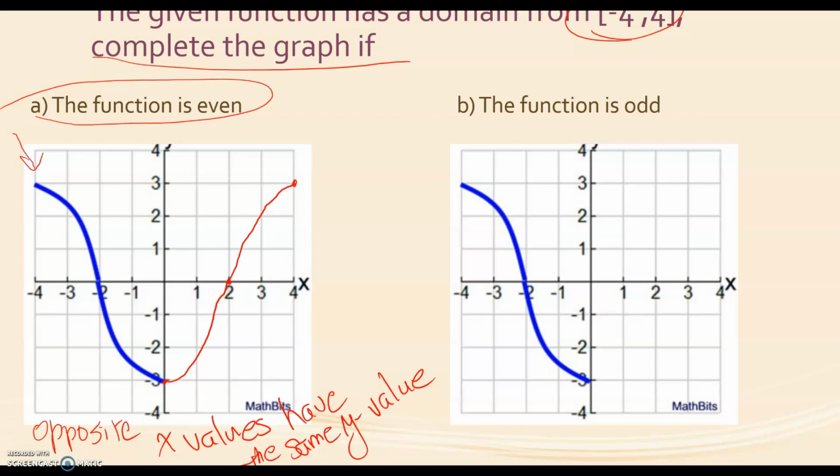Let's talk about odd functions. Well, odd functions we talked about earlier, you have to not only do a reflection across the x-axis, you also have to do a reflection across the y-axis. So I'm going to take the same -3 point, which is right here. If I do a reflection across the x-axis, I'm going to end at -3, 0. Because anything on the y-axis is its own reflection across the y-axis.